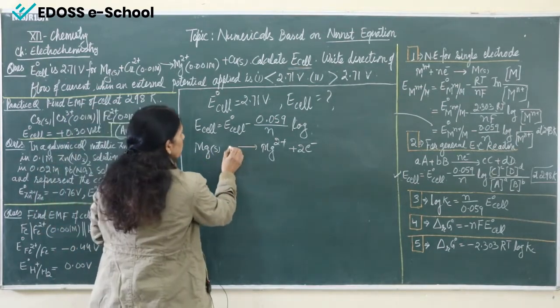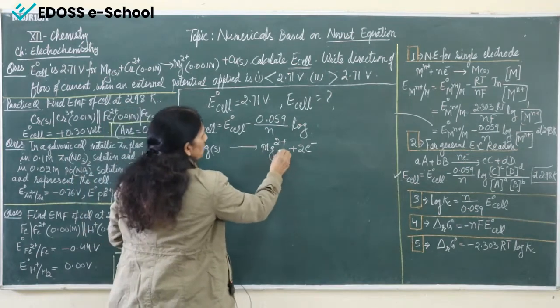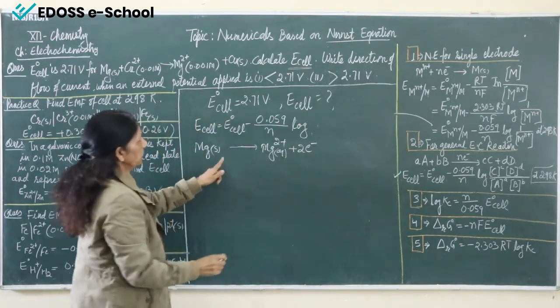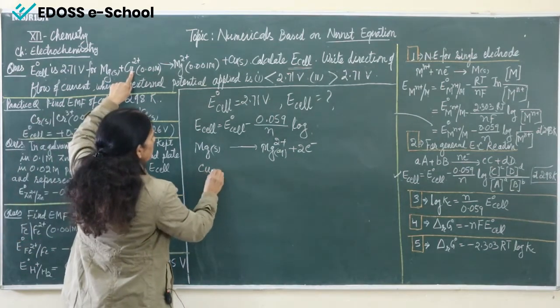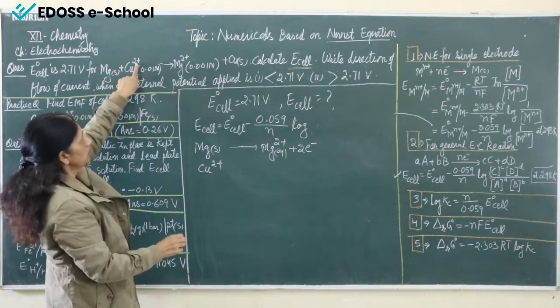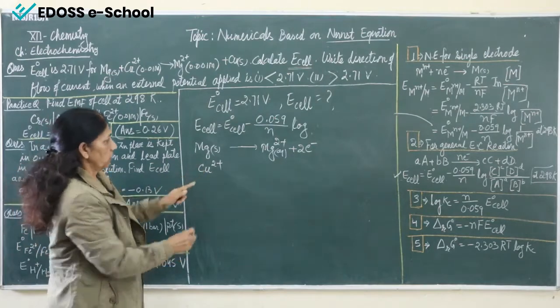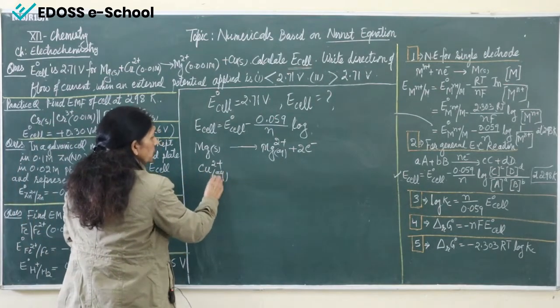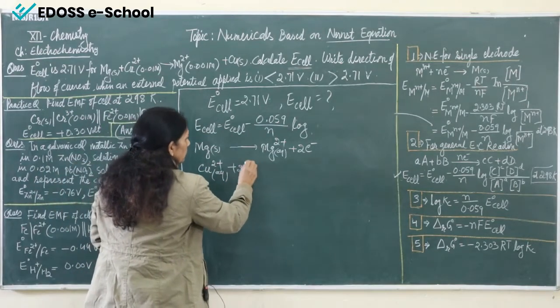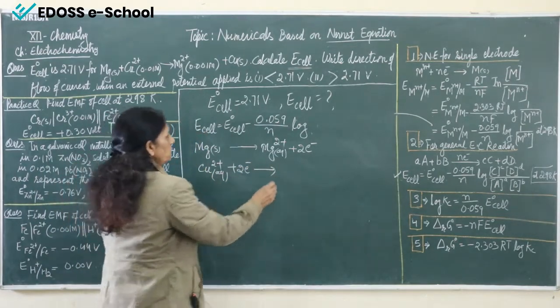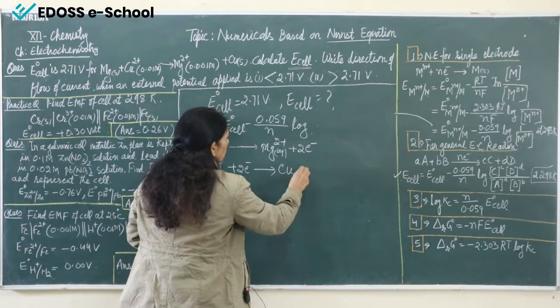This is solid and this is in aqueous state. Now second is copper ion, which is in aqueous, ionic state. So it will gain 2 electrons, and then it will convert into copper solid.